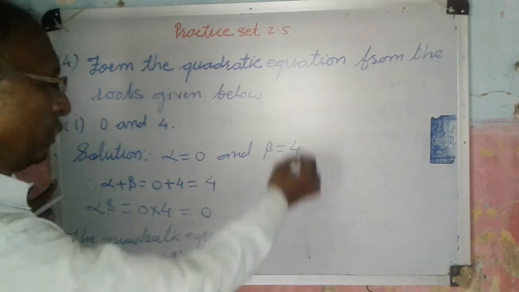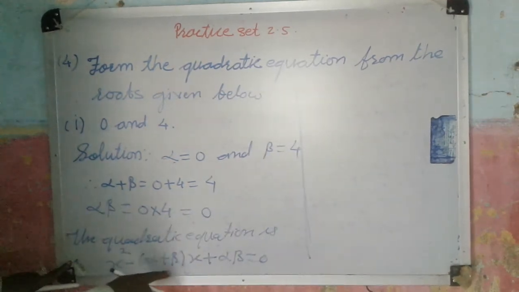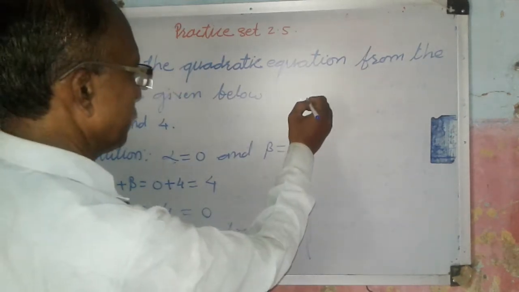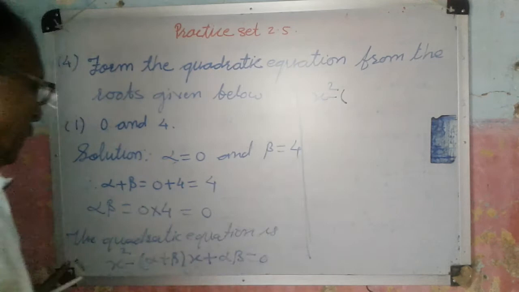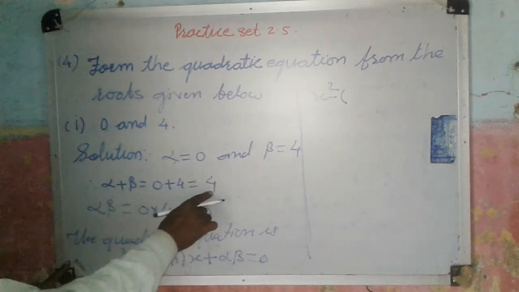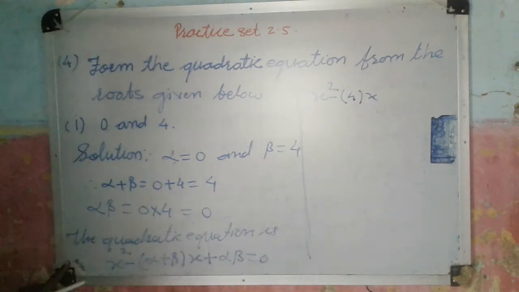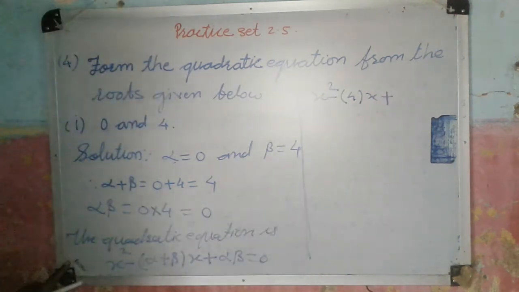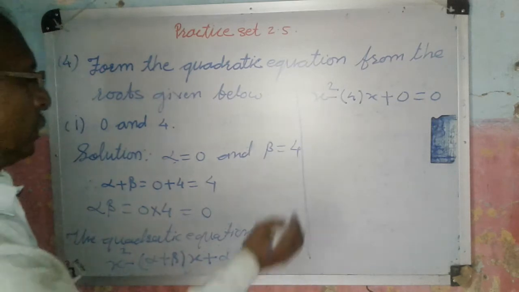Now put these values, put the value of alpha plus beta and alpha into beta. So here we get x square minus bracket alpha plus beta, which is equal to 4, bracket complete multiplied by x plus the product of alpha and beta, which is 0, is equal to 0.